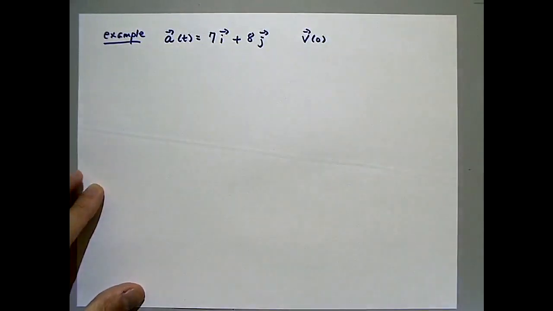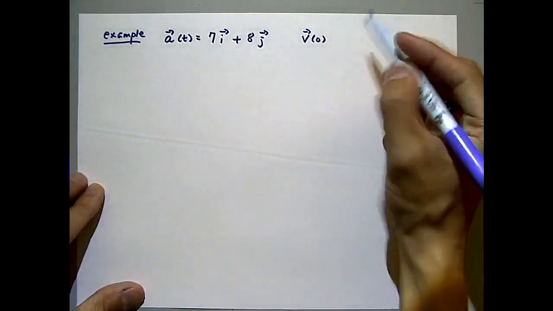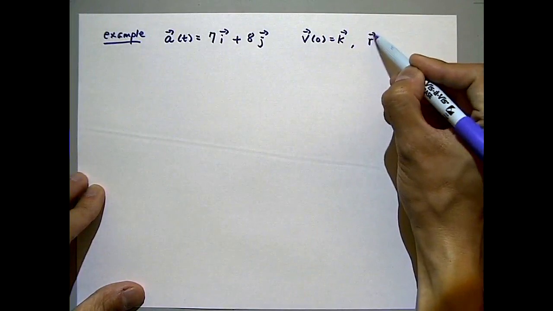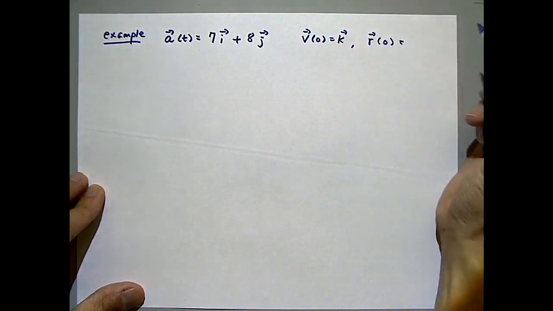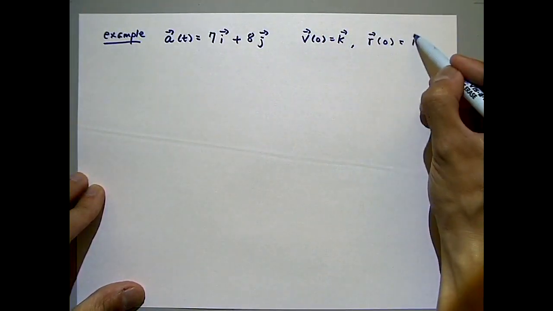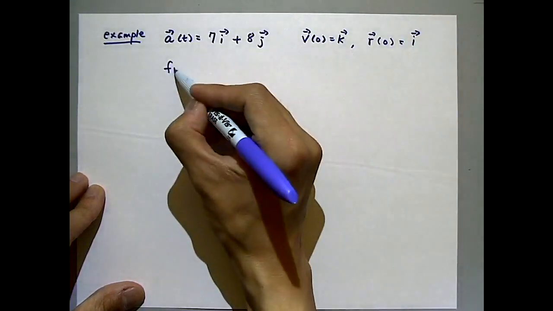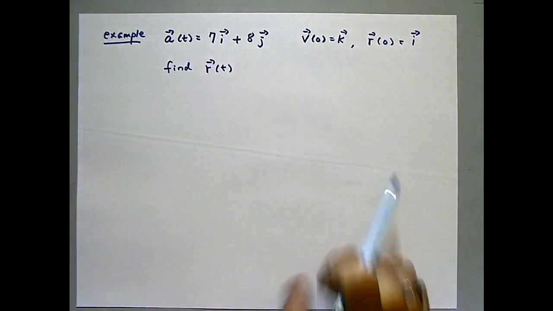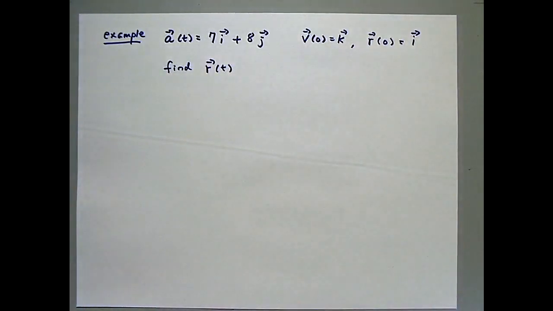Suppose that I know that v, which I don't have yet, at 0 is k, and r at 0, which I don't know yet, is i. Let's find the position vector function.